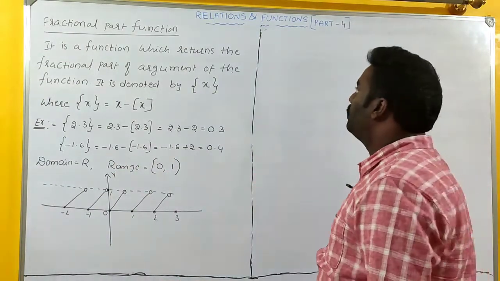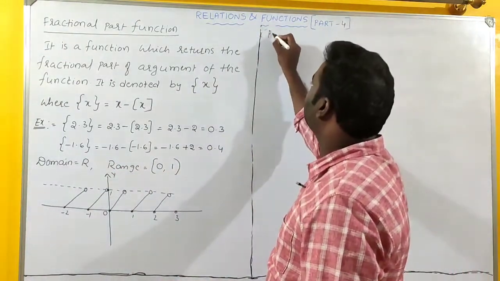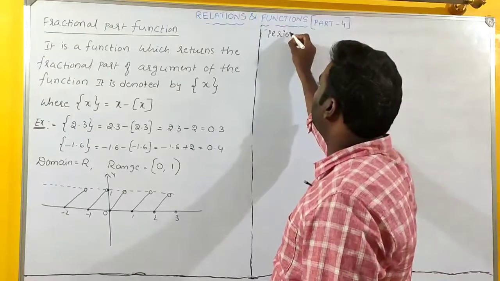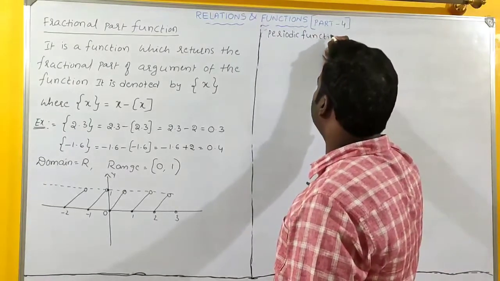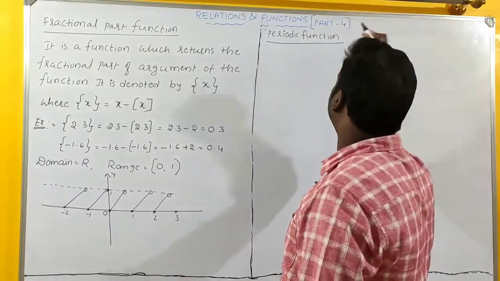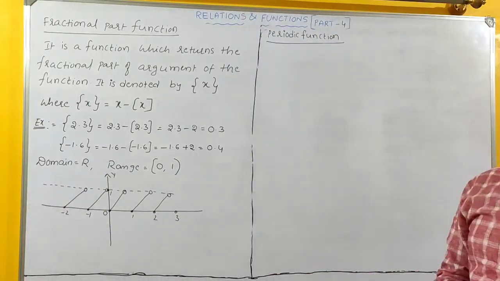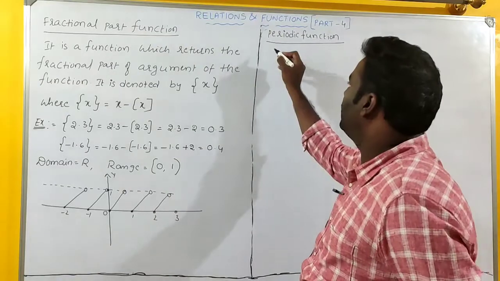Next, we will discuss the periodic function. It is also not there in PU, but these two are important in objective. What is meant by a periodic function?